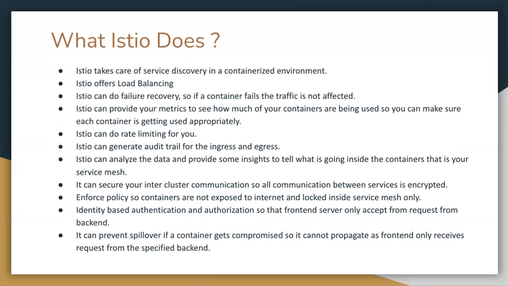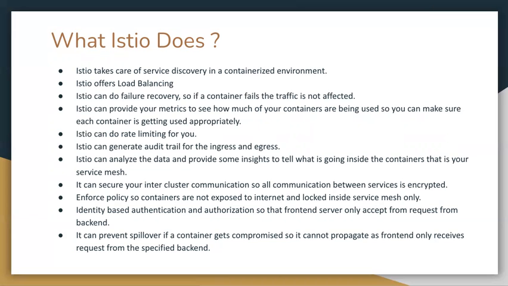It can automatically detect your services, configure the routes, and configure the traffic for the intercommunication between these services, so they can talk to each other. Istio offers you load balancing, and you can do failure recovery. If your container fails, your traffic itself is not going to fail, because Istio can detect that failure and route the traffic accordingly.